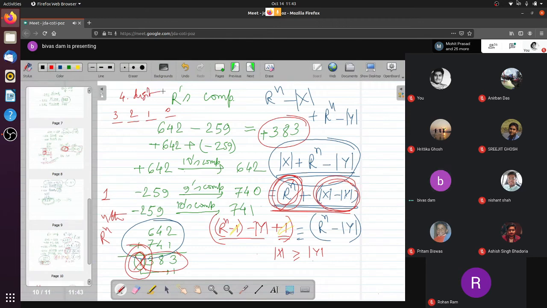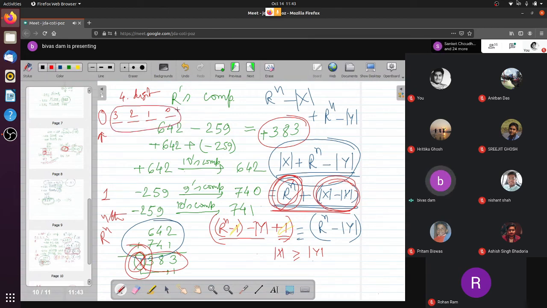If I get a 1 in the fourth digit position, somewhere here, that means it is outside the 4 digit width of the number system.